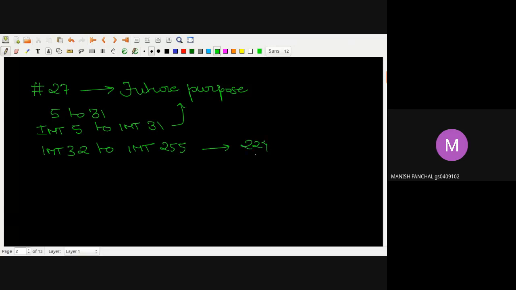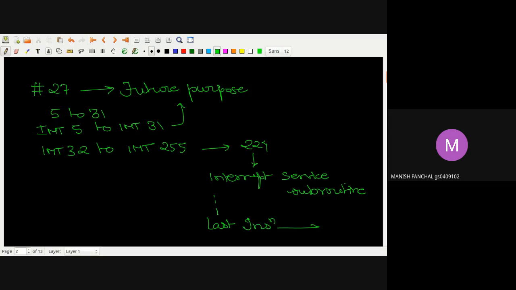So the user can use these interrupts and define the interrupt service subroutine for them, with the condition that the last instruction of the interrupt subroutine should be a return.